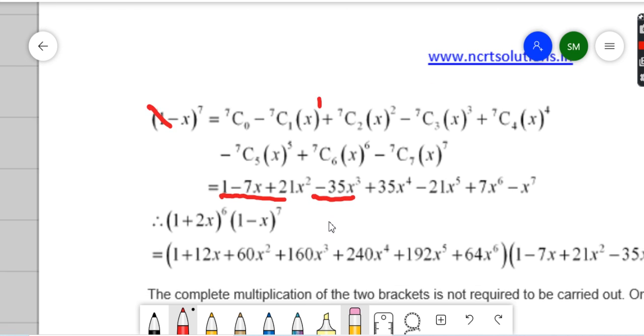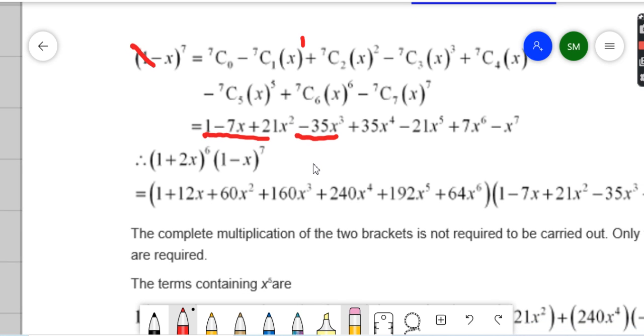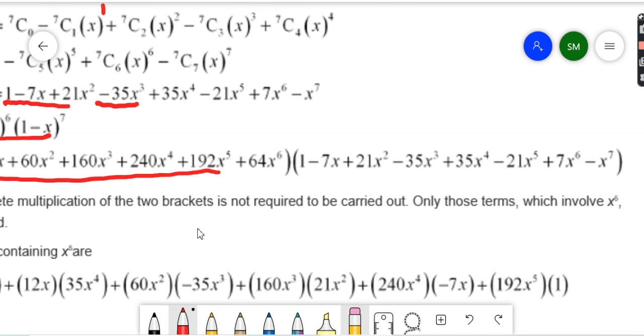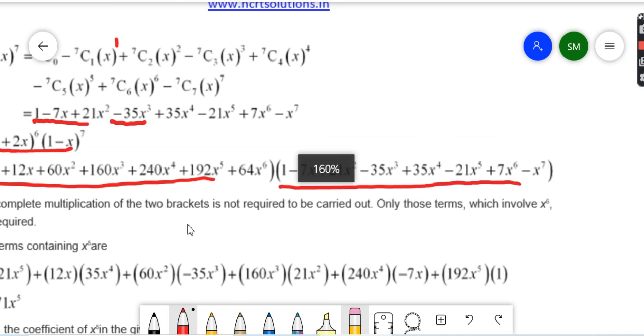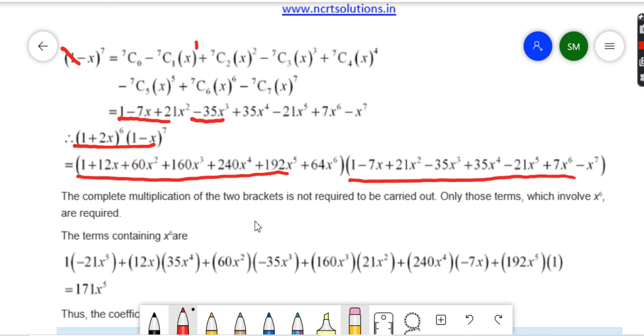Okay, but I am interested in x raised to 5 only when you multiply these two expansions. So I am just writing this into the expansion of (1 − x) raised to 7. Now if you are interested in the x raised to 5 term, then you must make pairs which give x raised to 5 when you multiply. Actually there are so many terms, but I am interested only in x raised to 5.